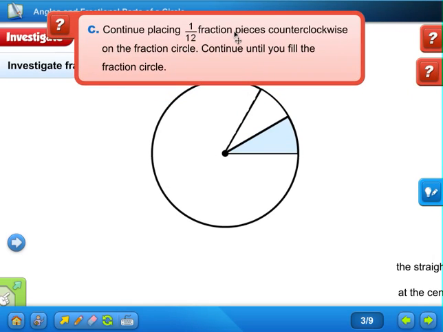Continue placing 1/12 fraction pieces counterclockwise on the fraction circle until you have filled the fraction circle. So here we go. If you look right there, before I place this one, it's 90 degrees from the angle to the last angle I placed. There's another one. Now it looks like that one is also 90 degrees.